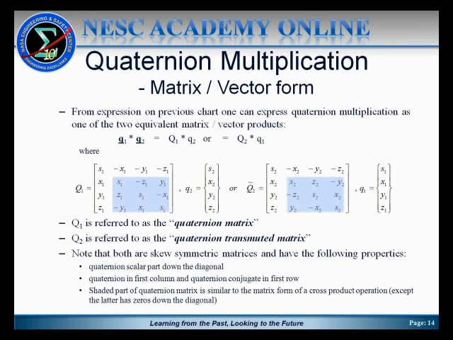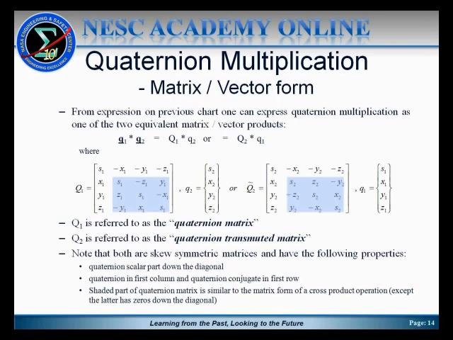The 3x3 part of the cross product of a vector is zeros down its diagonal, and then the minus x component as the 2,3 element, the y component as the 1,3 element, and the minus z component as the 1,2 element, etc. So the Q matrix on the left, that lower 3x3, is very similar to how you would implement a cross product. That can be a little memory jogger if you're trying to remember the form of that equation and which polarity goes with which element.